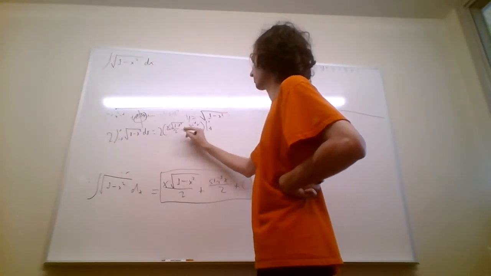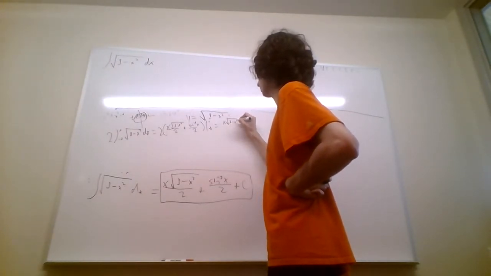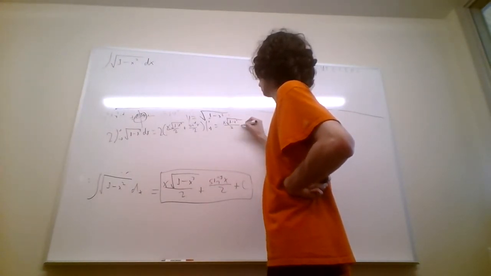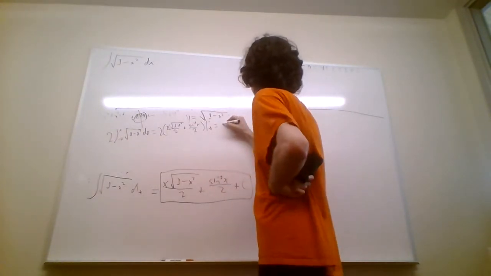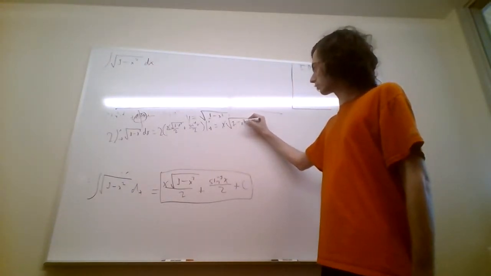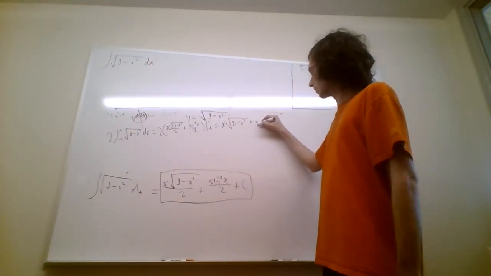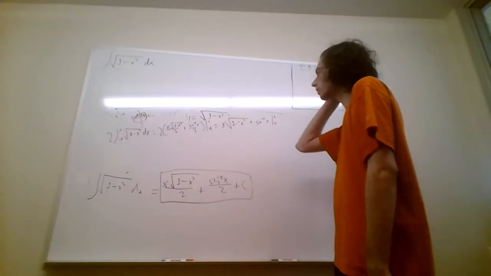I'm going to distribute this 2 to leave 1 else. Equals x times the square root of 1 minus x squared over 2. Not over 2, just rewrite that: x times the square root of 1 minus x squared plus inverse sine of x, from -1 to 1. We can plug in those ones in there.